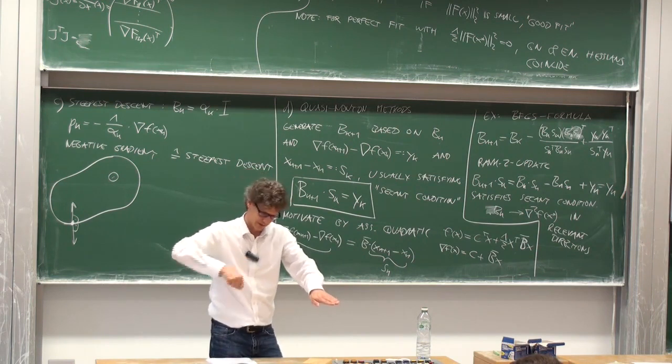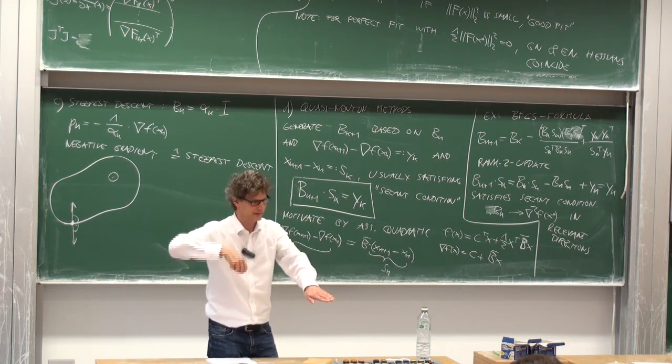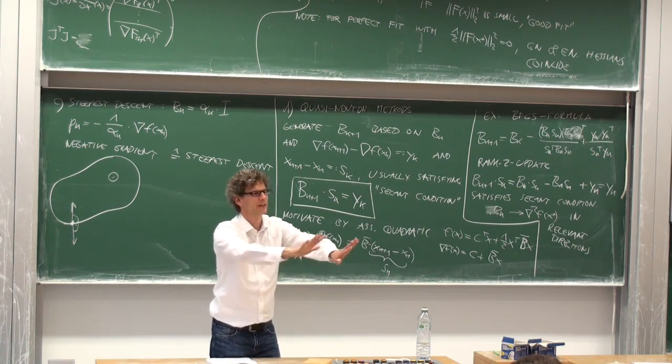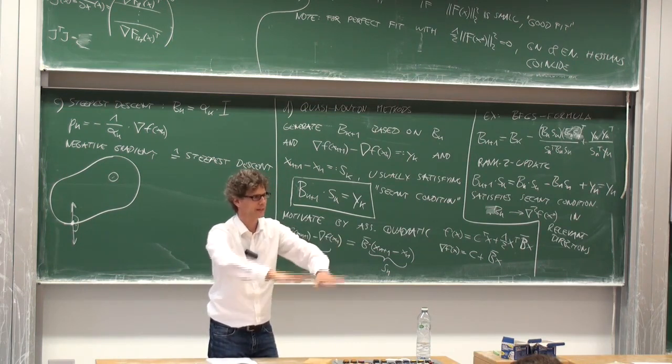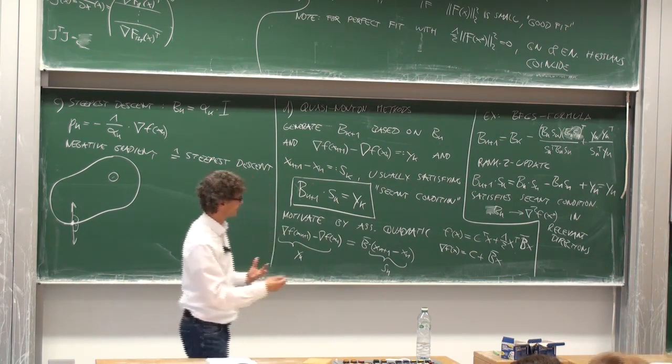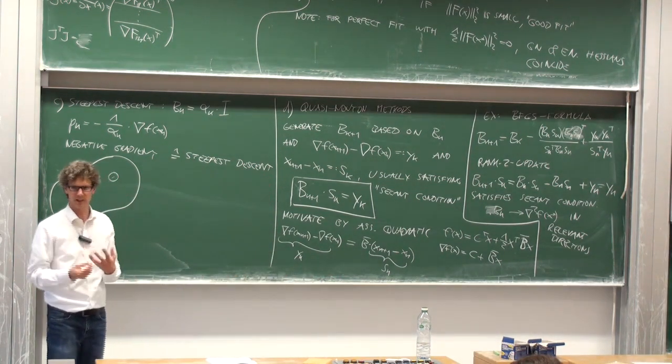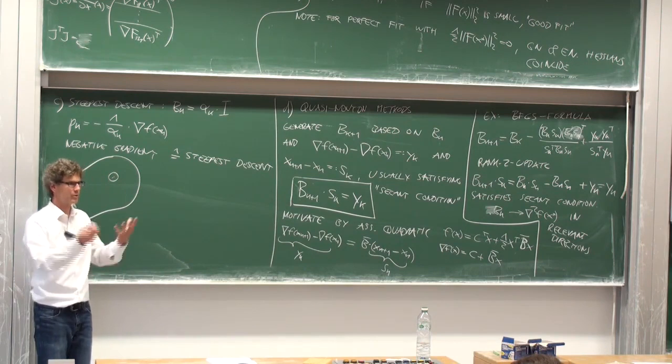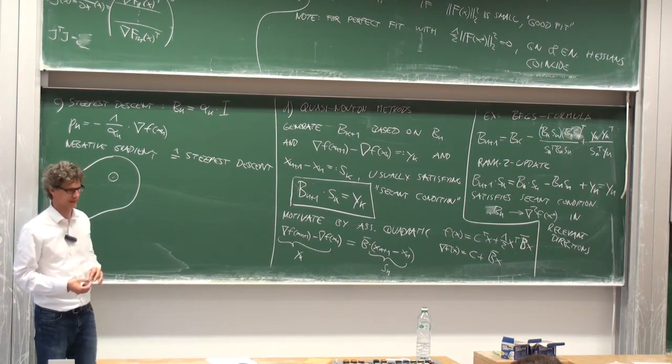And you also know the distance that you took between the two, and this will help you to learn something about the quadratic model that should be behind. So you try to collect information about the quadratic model of your whole big landscape by these updates.